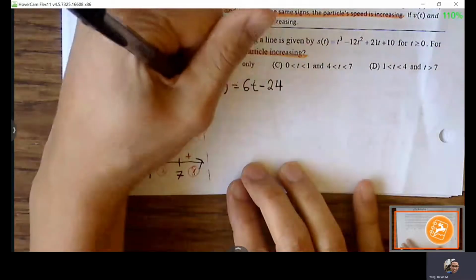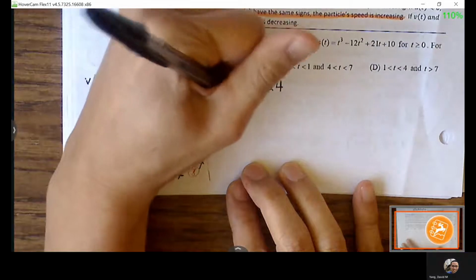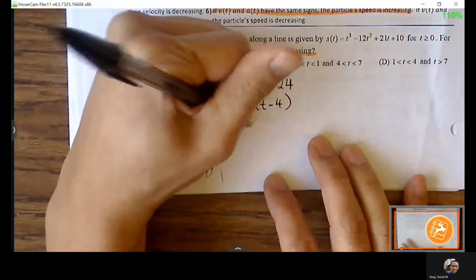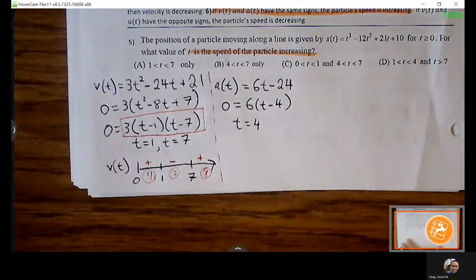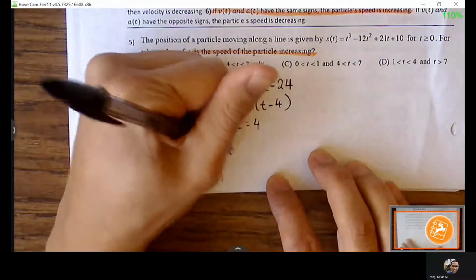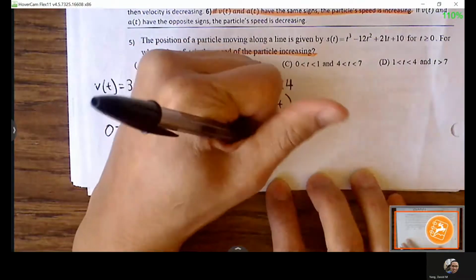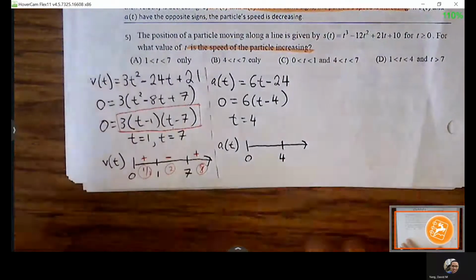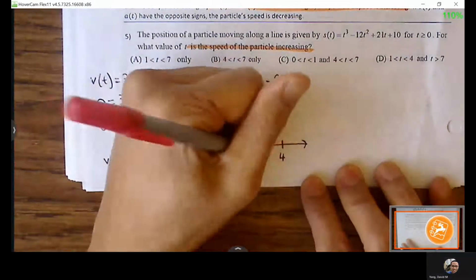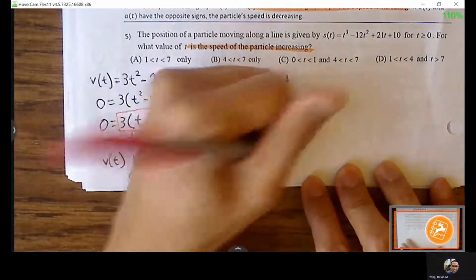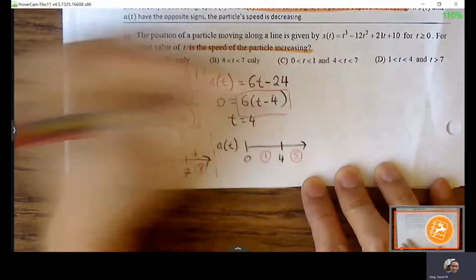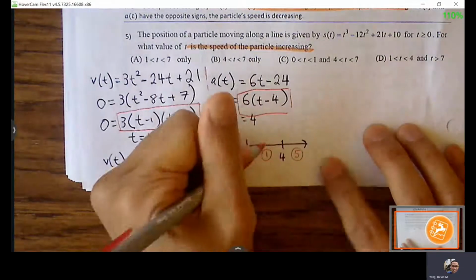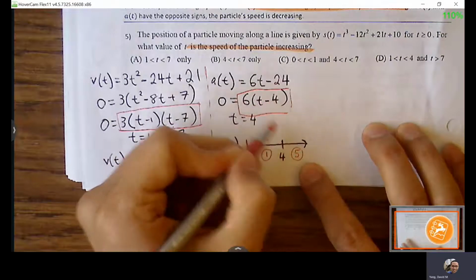So we set acceleration equal to 0. Factor out a 6. Solve for t. All right, acceleration sign line. Test each subinterval. I'll test 1 and I'll test 5. Insert into the factored form of my acceleration function. 1 minus 4 is negative. 5 minus 4 is positive.